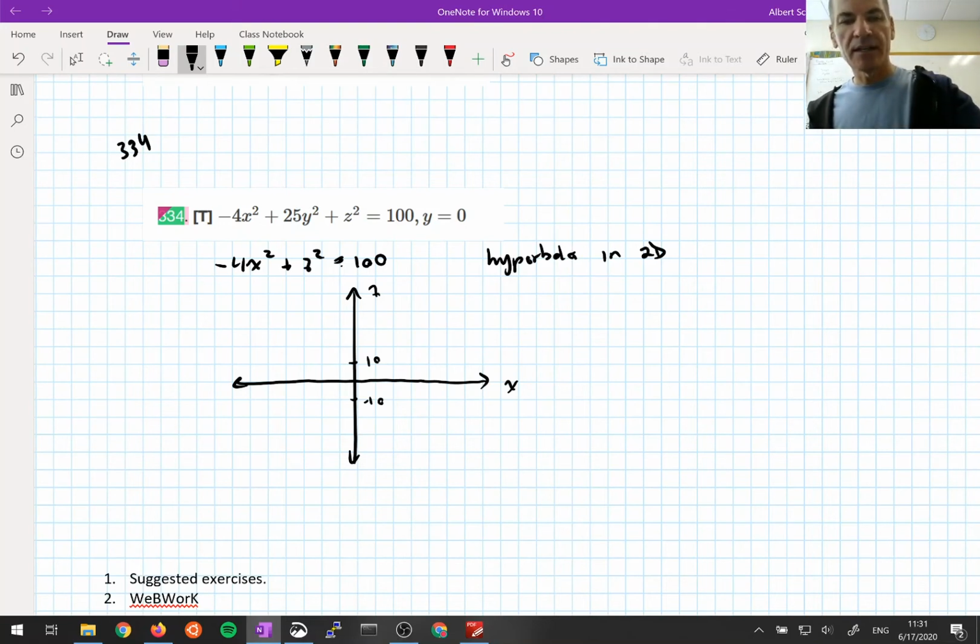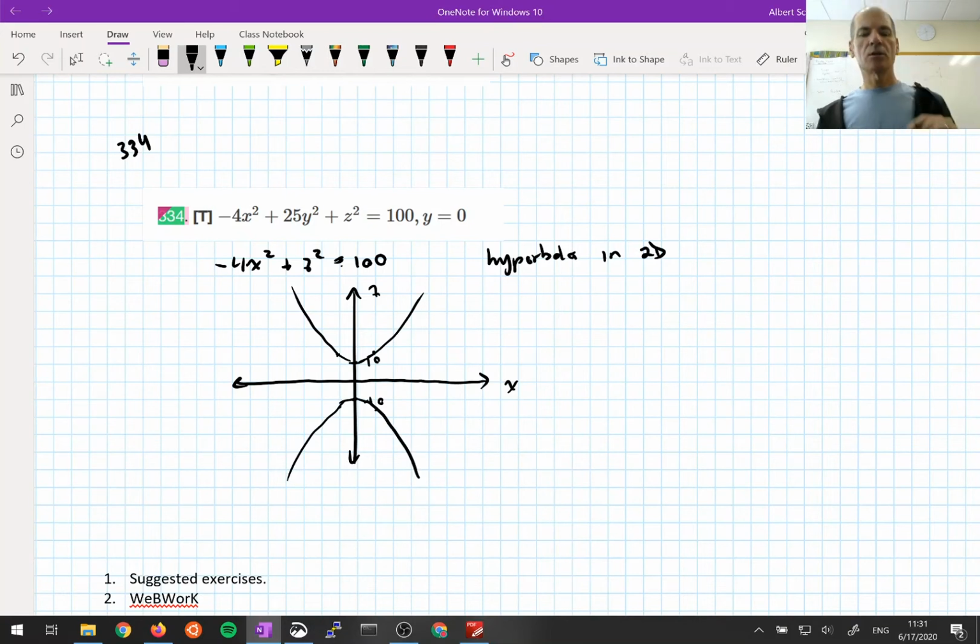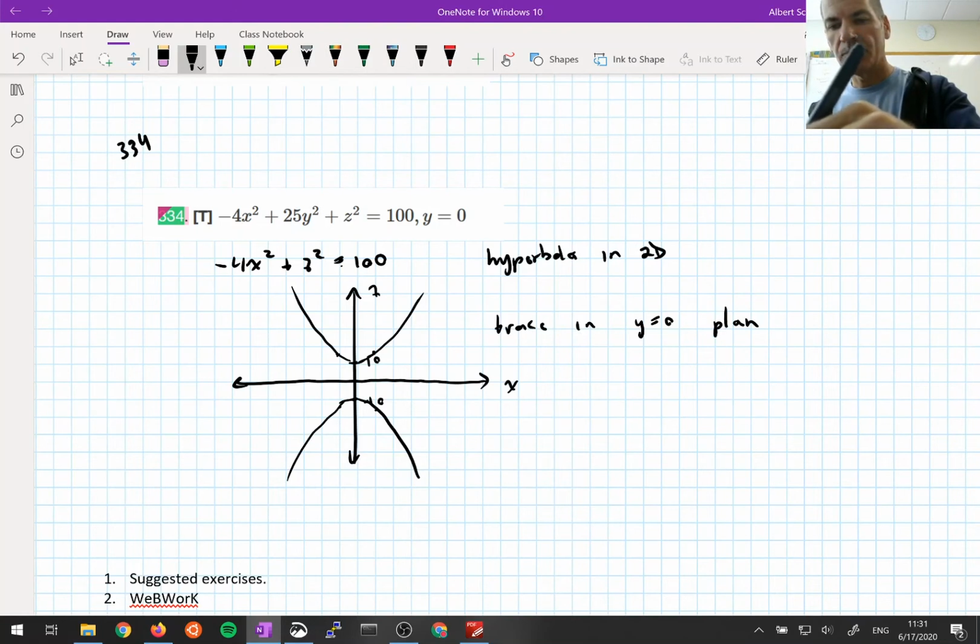So for x equals 1, we're going to get something a little bit bigger. And when x is equal to -1, a little bit bigger. And so you can immediately see that we're tracing out 2 lobes of a hyperbola opening along the z-axis. That's what the trace of this surface in the y equals 0 plane looks like.